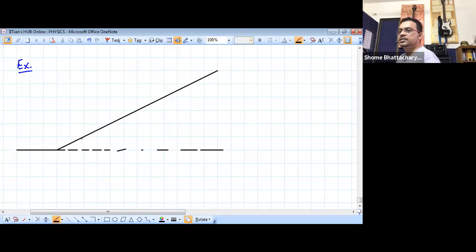Which is at an inclination of 37 degrees to the horizontal. So this is a smooth, or what we call a frictionless surface.